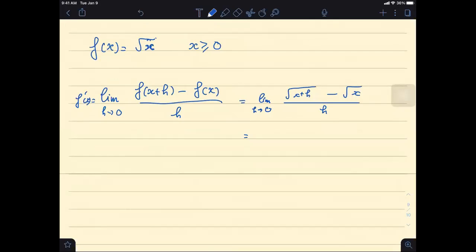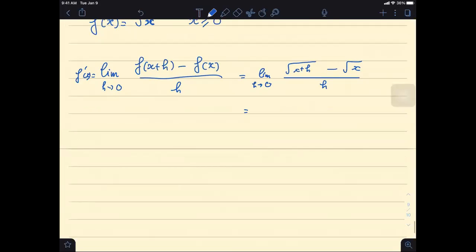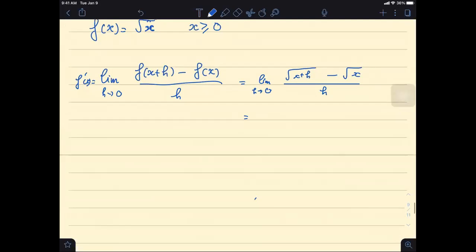I think that's correct. The square root of x plus h minus x, over h, which is equal to the square root of h over h. Square root of h over h? How?